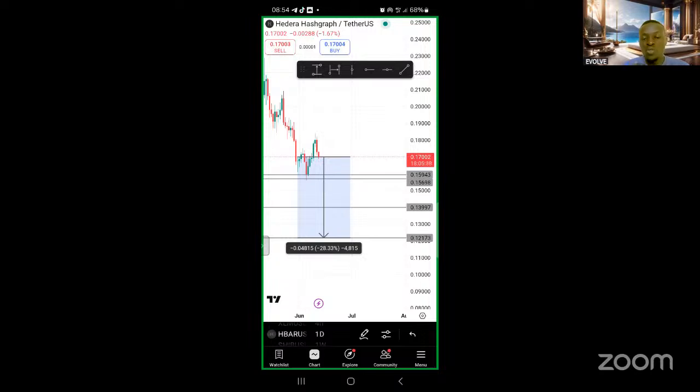So if you are going to stay in that trade for some days, maybe 2 days or 3 days, this is good data for you. Or a week, this is good data for you. Do you understand what I'm saying? If you are prepared to stay in the trade for much longer, this is good data for you.